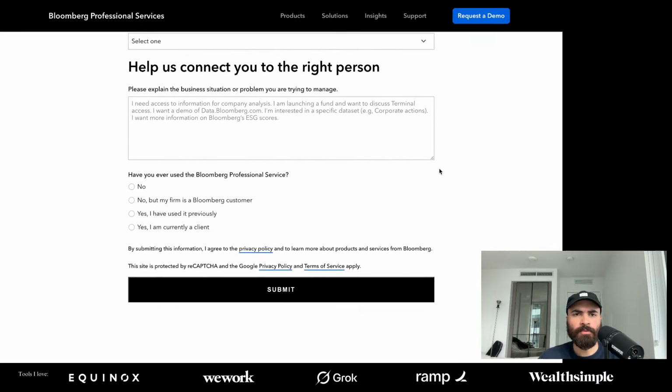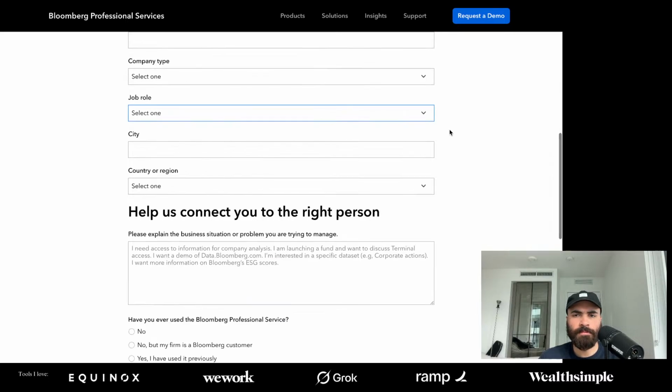I need access to information for company analysis. I'm launching a fund and want to discuss terminal access. I want a demo of data.bloomberg.com. I'm interested in specific data set. I want more information on Bloomberg's ESG scores.